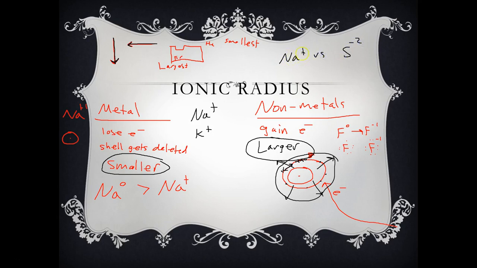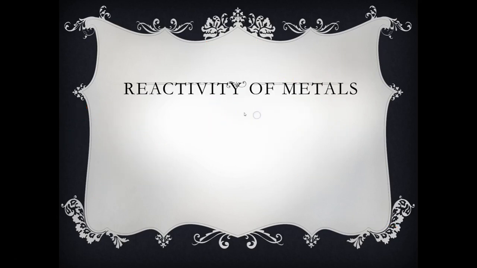Well, we know that this one's going to get smaller. This one's smaller than a sodium atom. Smaller. And then this one is going to be larger because it's gaining electrons. So we know that this one's going to be larger than this one. So we can compare different ions, whether they're metal or non-metal. So that's ionic radius. That's another tough one.